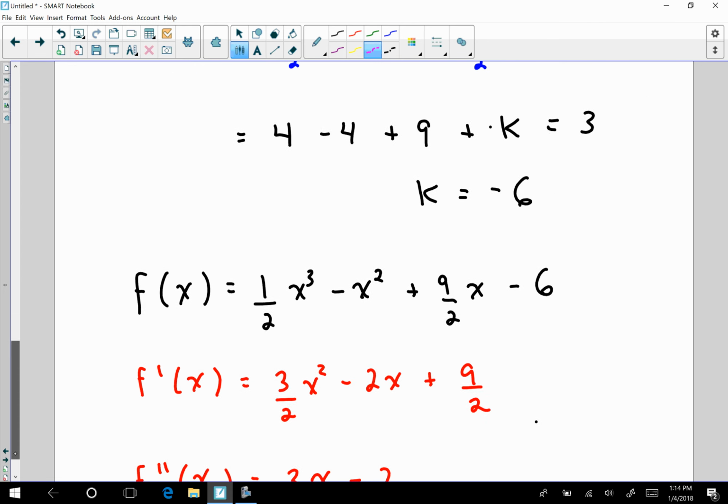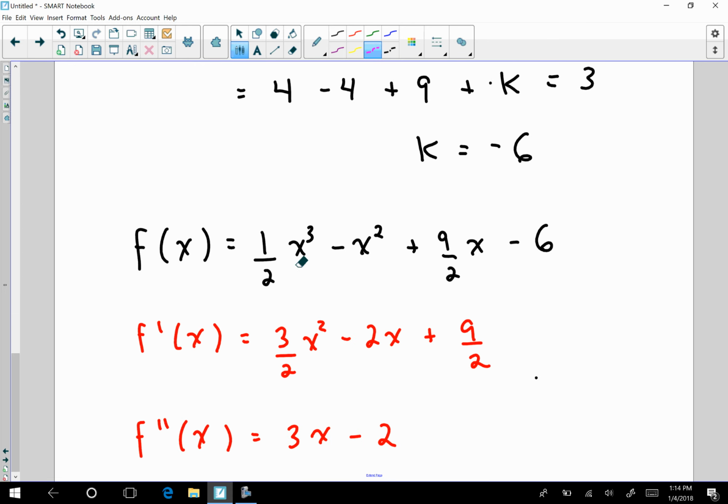That gives me the function f of x is equal to 1 half x cubed minus x squared plus 9 halves x minus 6. And again, I can check my answer by differentiating f. This gives me f prime. Differentiate f prime to get f double prime, and this is the second derivative that I started with.